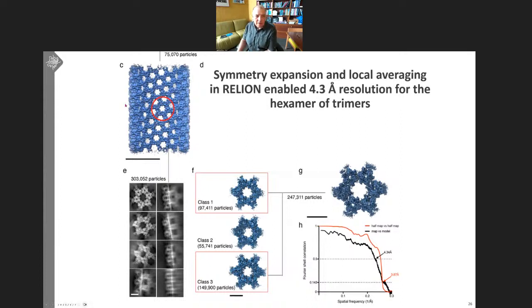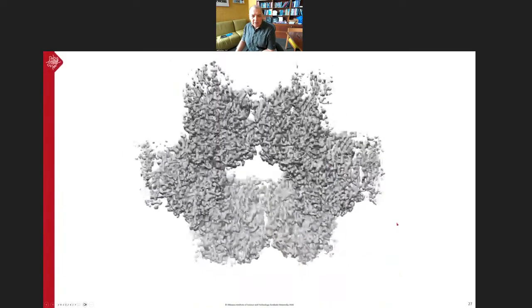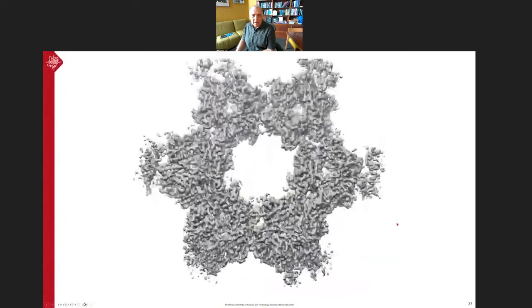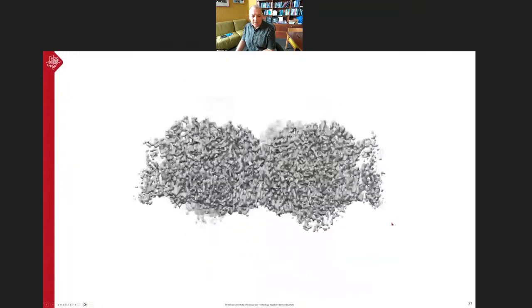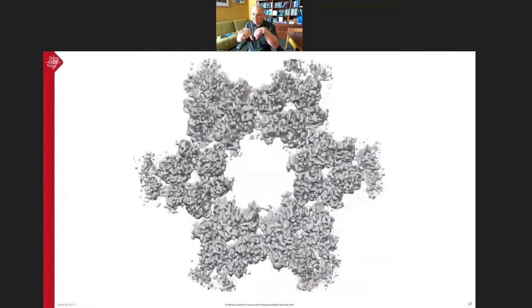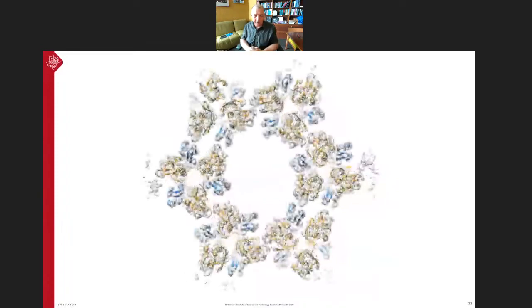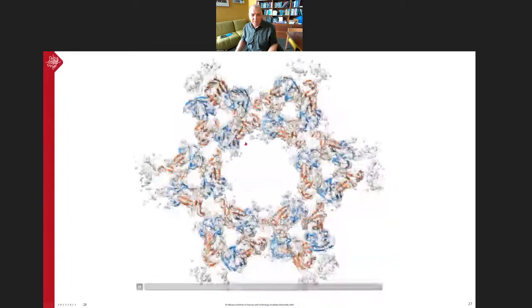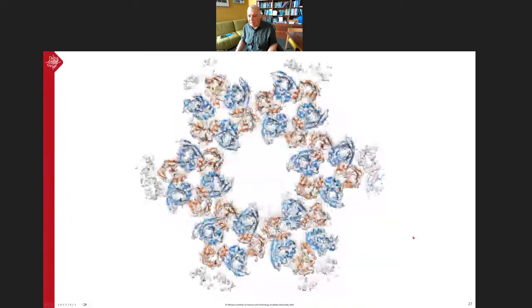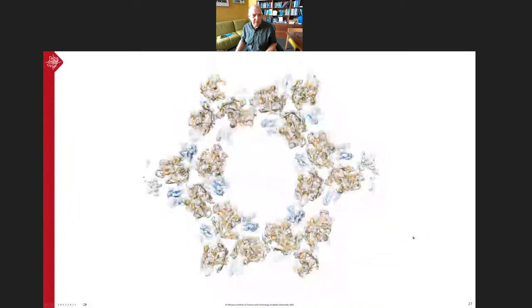Within a focused mask, we were able to exploit additional symmetry that was not contained in the helical reconstruction alone, and push the resolution to 4.3 angstroms. And again, here's the map, and you can see from this reconstruction that the map is cylindrically curved smoothly. The resolution wasn't as high, but we were able to dock our structure into it.